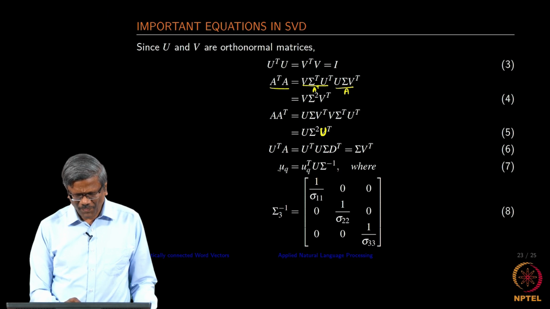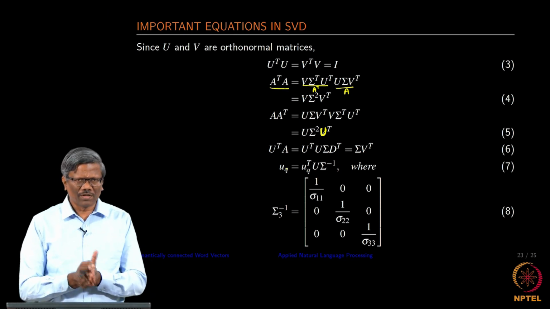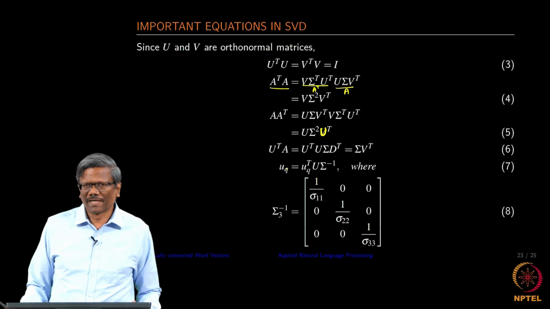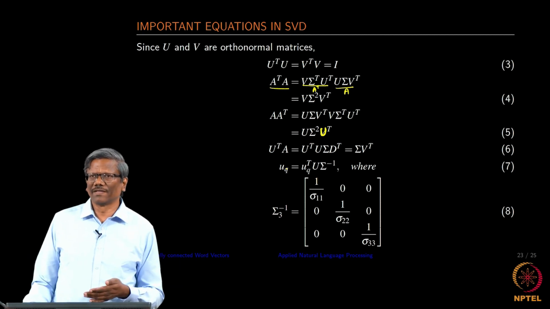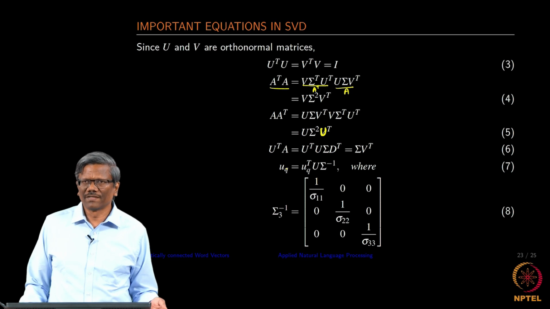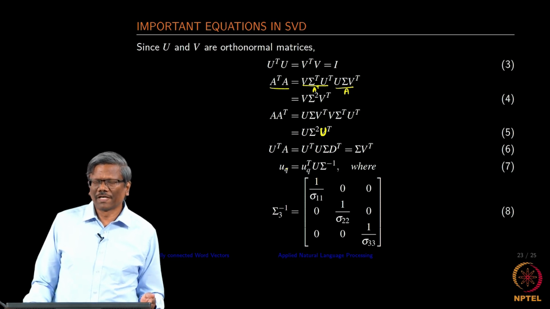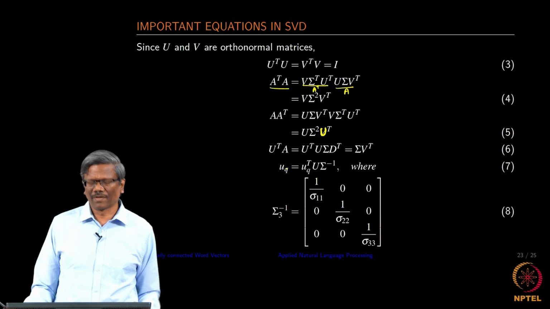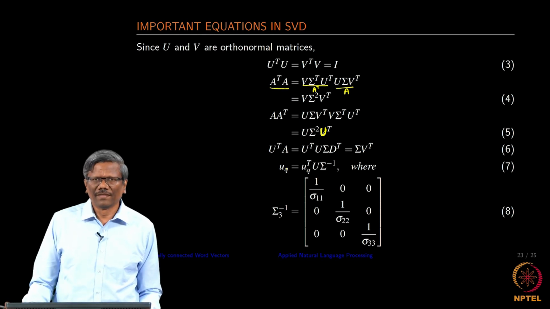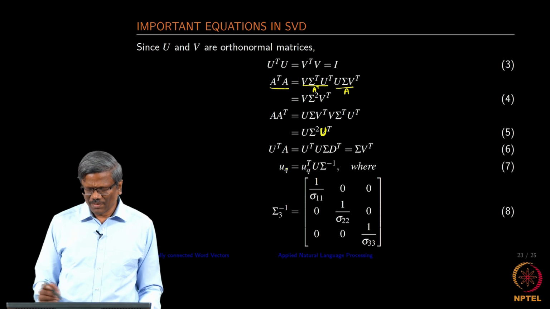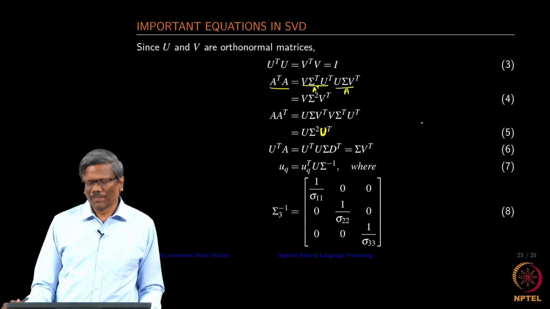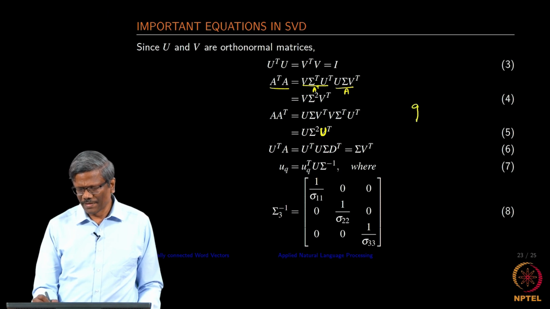So, what is the most important thing that we are looking at when you do the term document matrix? We want to find out the similarity using a cosine distance, or we want to find out how similar words are coming together in the same axis and so on. So, let us look at one example where we want to find out a query that is given.